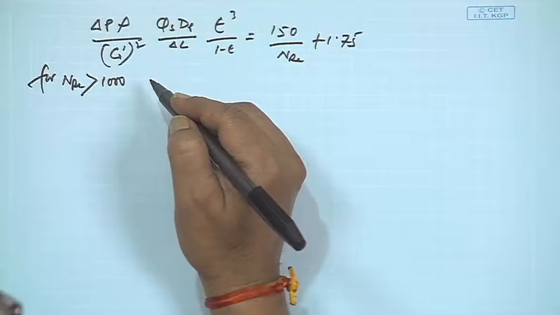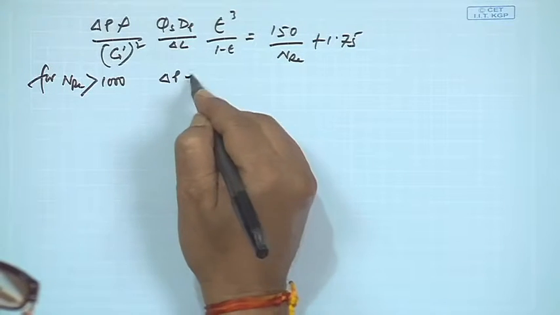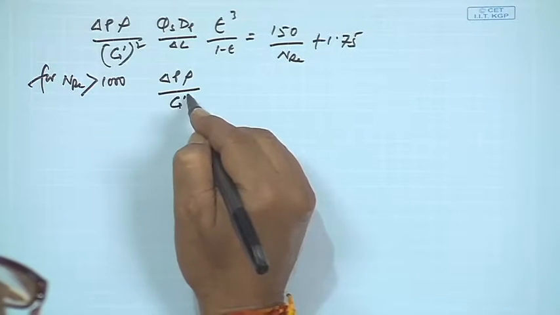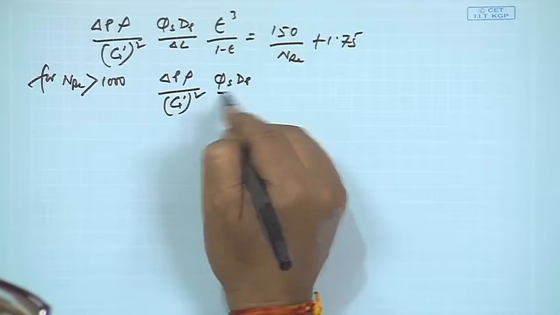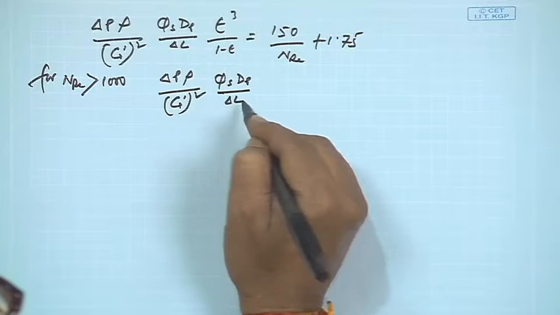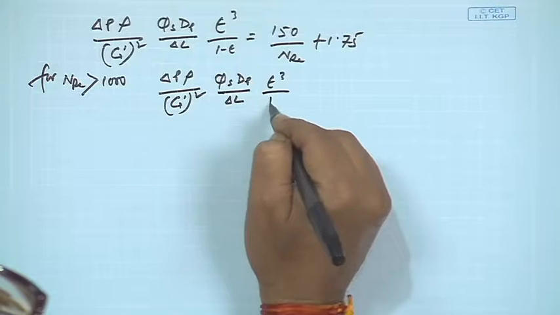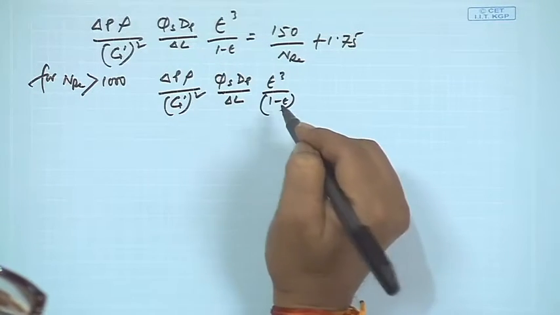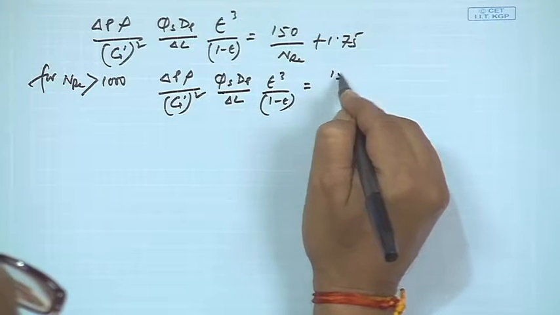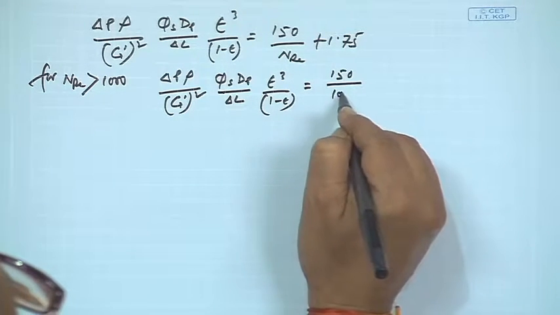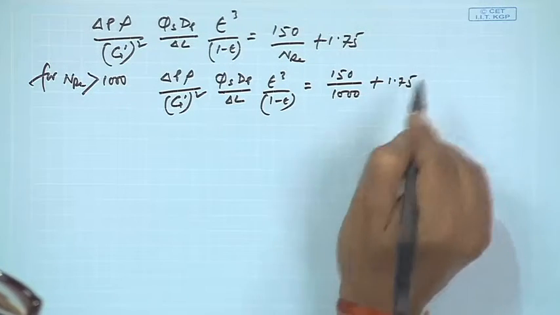When NRE is greater than 1000, then delta p rho by g prime square phi s dp by delta L into epsilon cube by 1 minus epsilon is equal to 150 by 1000 plus 1.75.